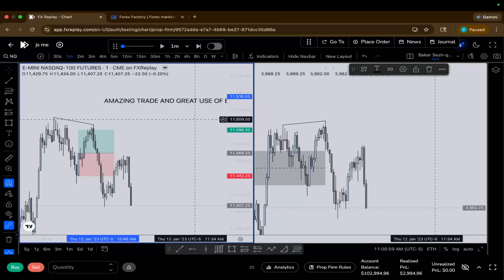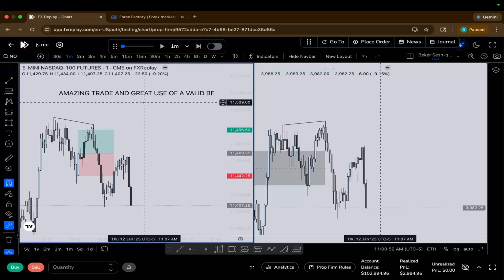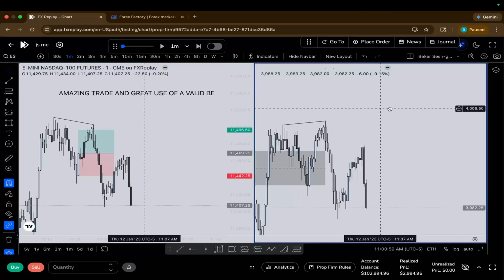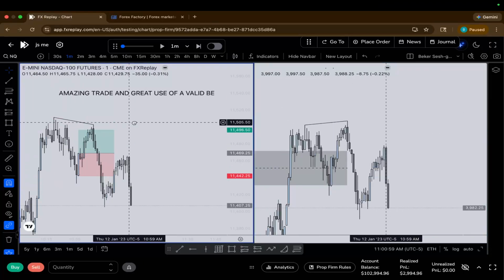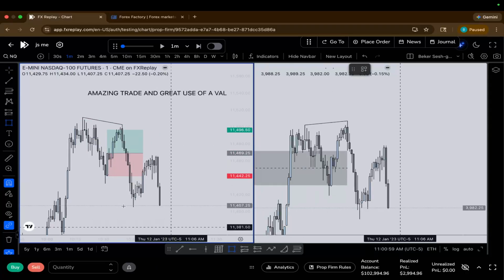And great use of break even. I'm gonna write a valid break even, because sometimes you're not really paying attention to what's happening on ES, and that messes you up, because look, you're getting a little greedy, and yeah, we could have caught the 1-to-1 maybe next time.